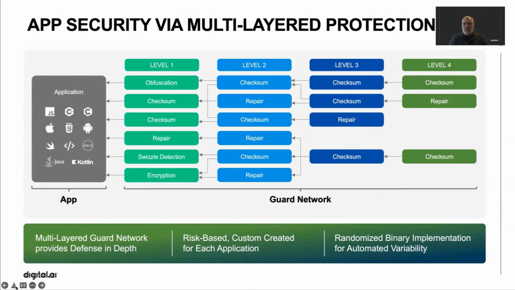Because the guard network protects your apps through this buddy system, an attacker must simultaneously disable all guards at once to effectively crack an app. This is different from how a lot of our competitors' products work, where each of the protections is standing on its own and can be removed one by one.